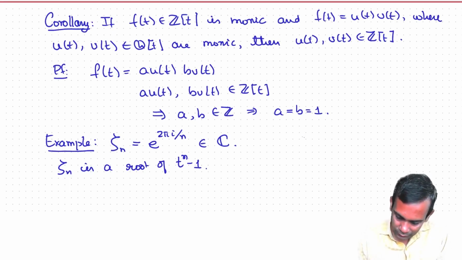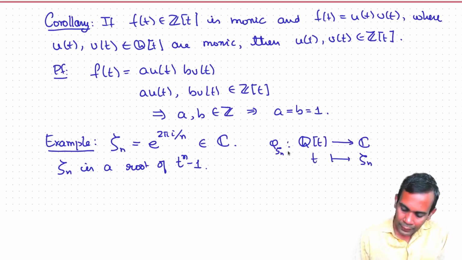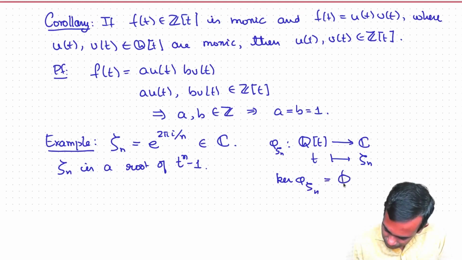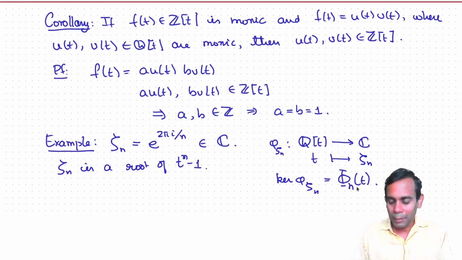We can construct the evaluation map, the substitution map Q[t] to C obtained by taking t to zeta_n. And the kernel of phi_zeta_n, let's call that capital Phi_n(t). We can assume that this is monic by scaling it.